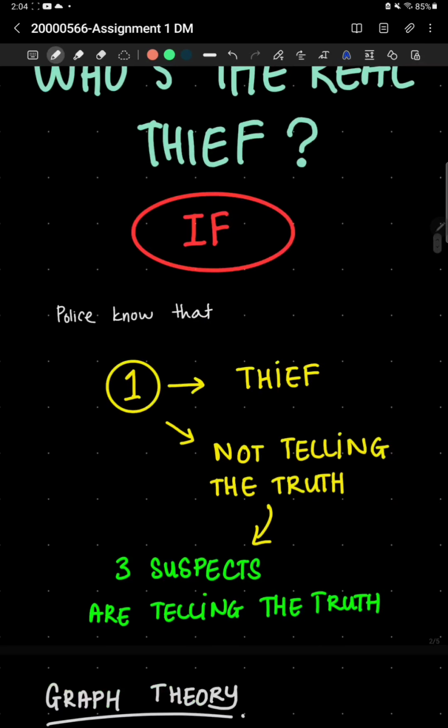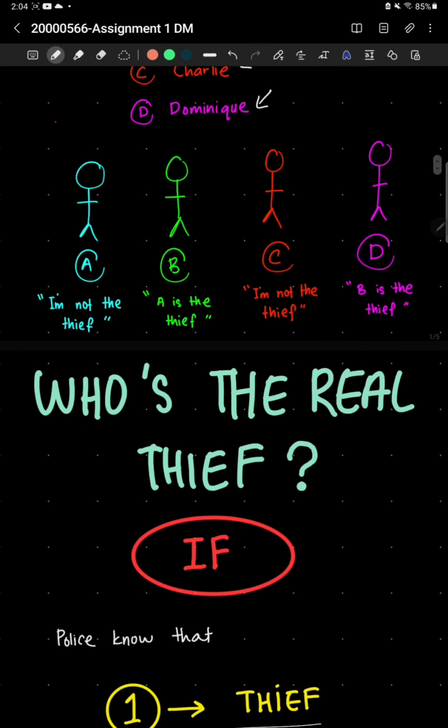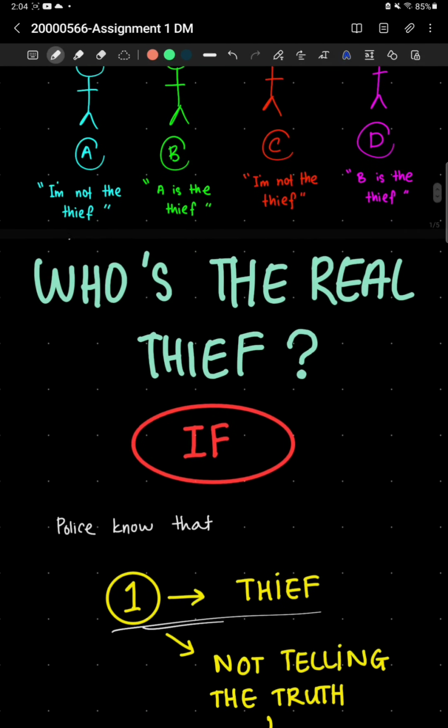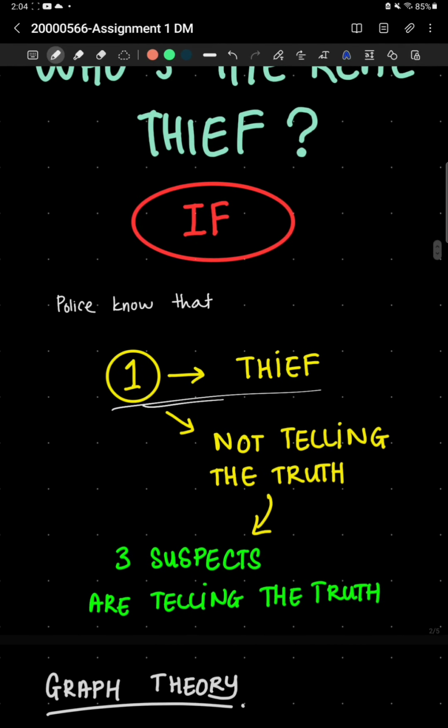If police know that there is only one thief among the four of them, maybe it will be A, maybe B, maybe C, maybe D, we don't know, but only one of them. So now the second condition is that one of them is not telling the truth, which also means that 3 suspects are telling the truth.